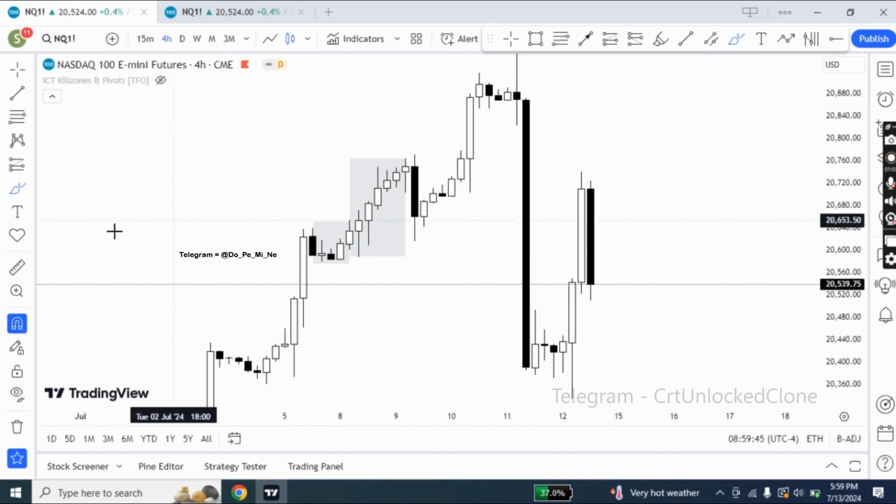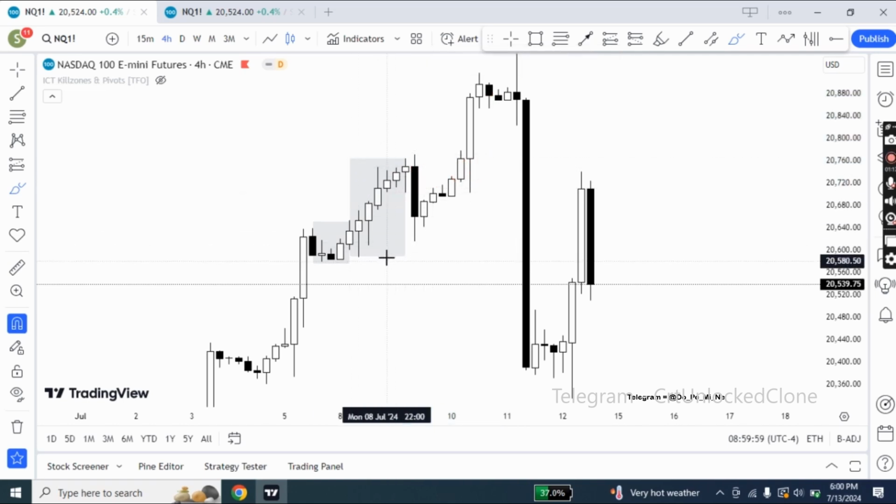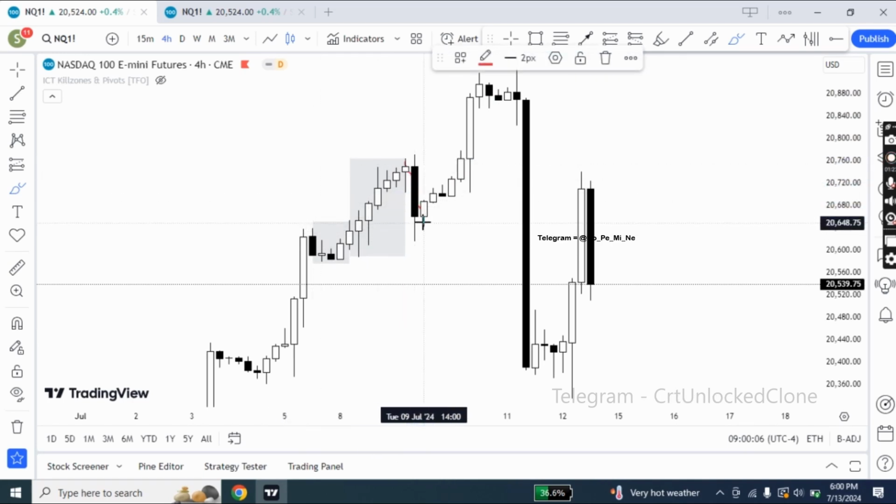The way price moves is, after an expansion profile, we can either have a ranging profile form and then price can expand from there, right? This is one scenario we can have after an expansion profile ends. Or the second scenario is that we will retrace back to a key level and then react off of that key level, and this is going to be a retracement profile for us, and then we're going to expand higher again, right?